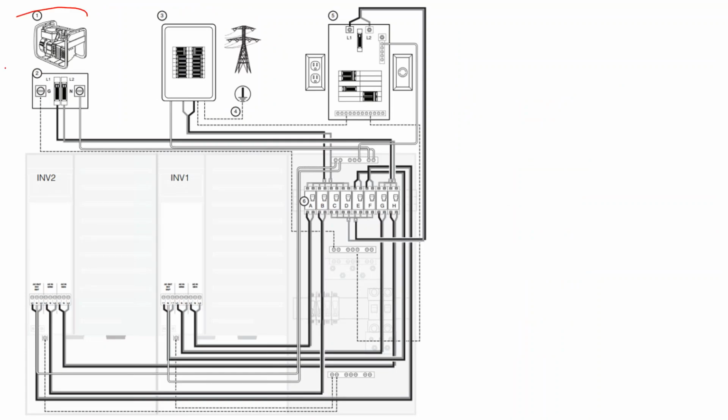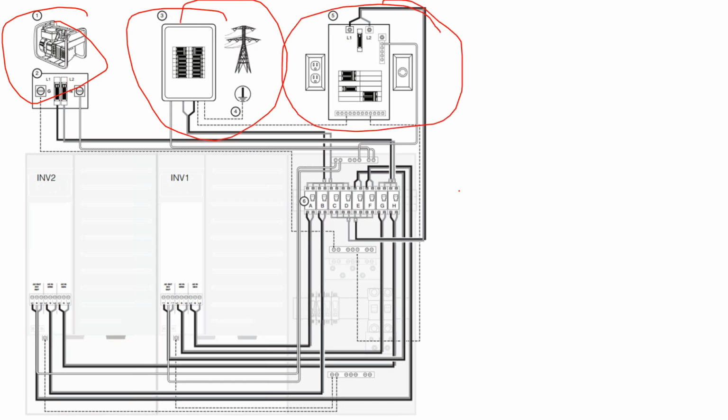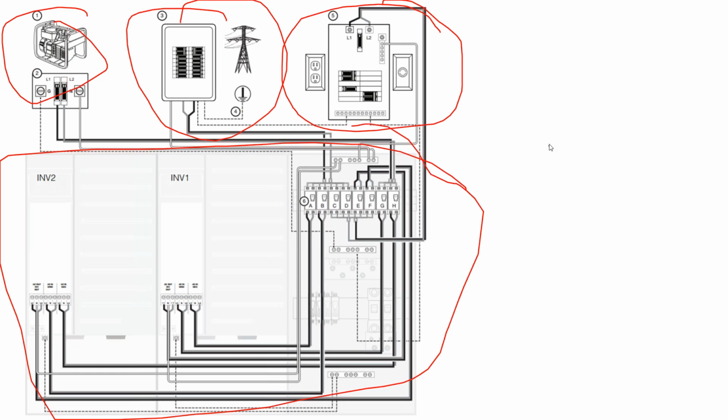Here's a line diagram where we have a generator, a grid-connected load panel, a critical load panel, and our solar array. And so this is where, with our off-grid design, we didn't have a grid connection. And actually, we're not trying to do a non-critical load panel. We're just trying to power the whole house.